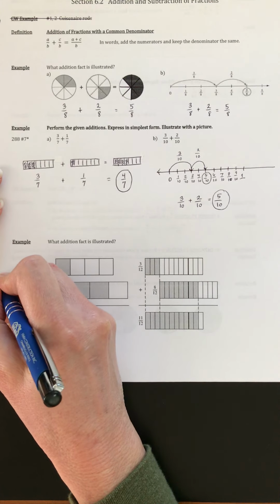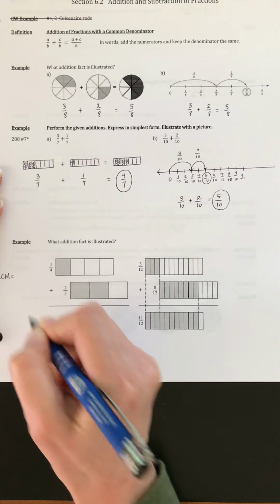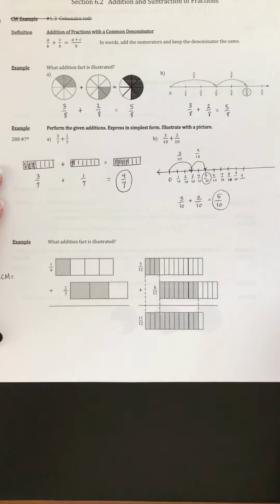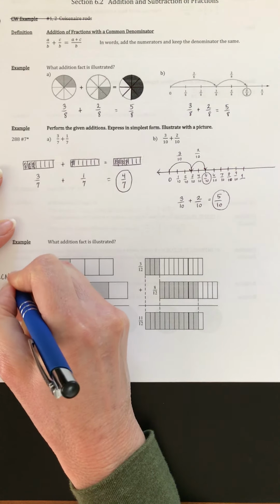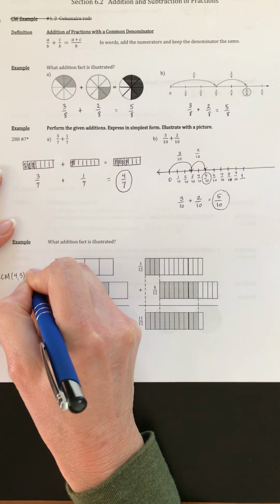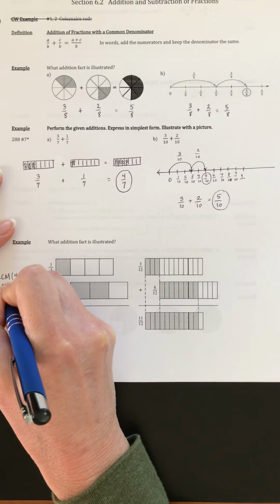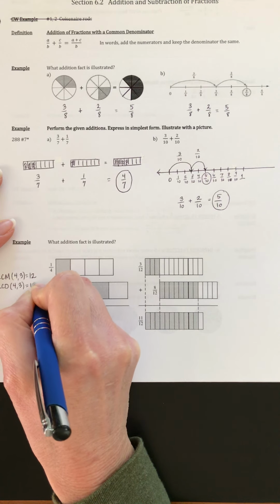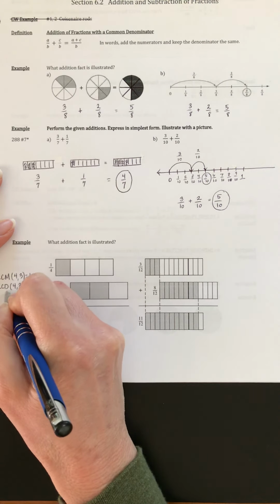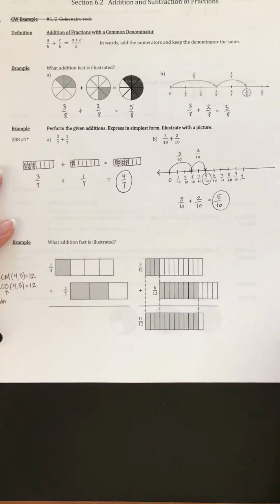Their least common multiple of 4 and 3 is 12. Now we're going to start calling that the LCD, least common denominator, because we're doing it to get a denominator. So let's write it all out.